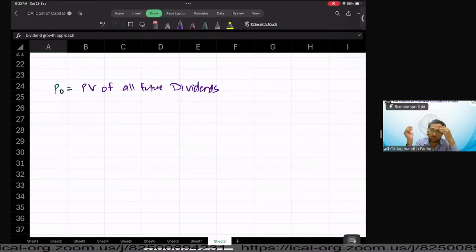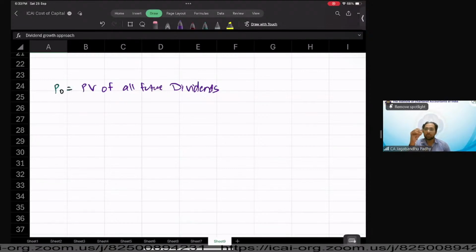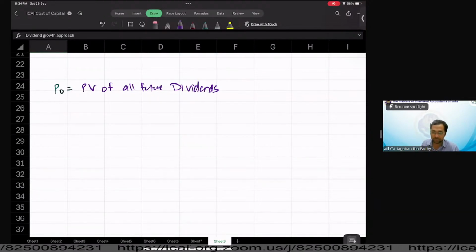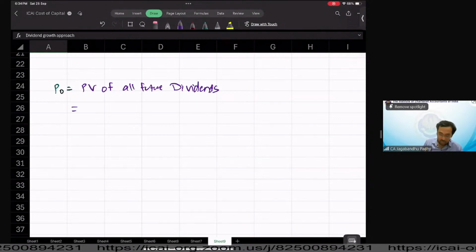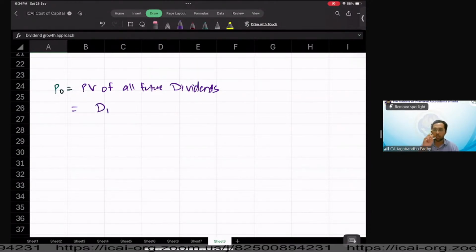In the same way, the price of the share will also depend on the future dividends that you're going to get. Let us say the dividend that you're going to get in year one is D1. How do I get the present value of this D1?